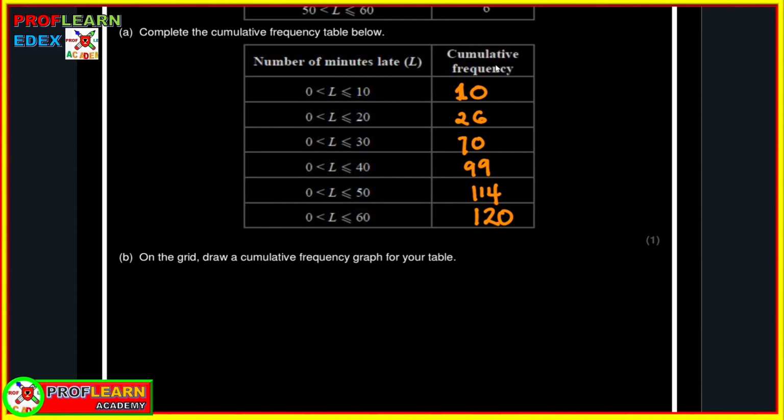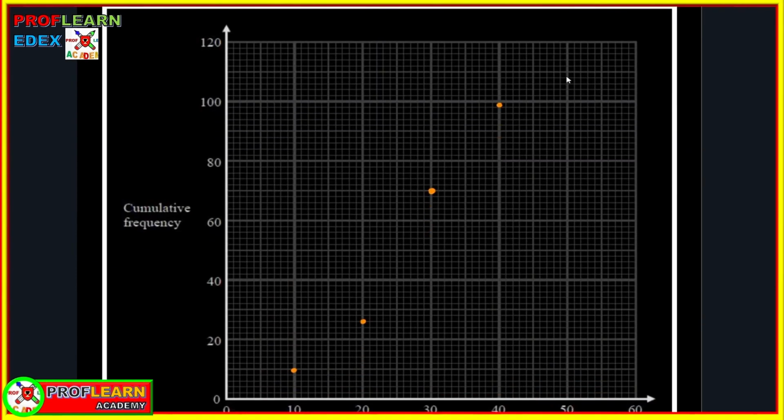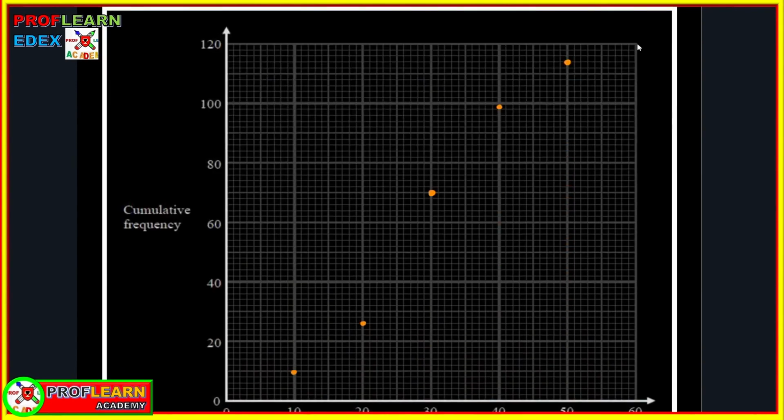Then for 50 we move up to 114, somewhere here, and finally we move up to 120. Then we can draw a smooth curve like that, and now we have all the points well plotted.